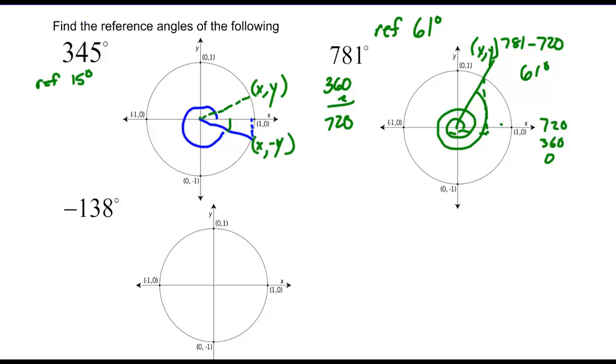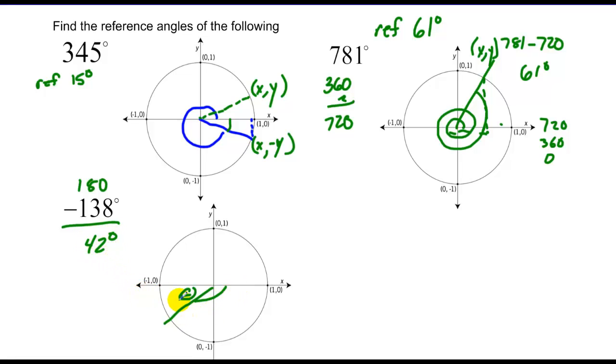So with negative 138, I'm rotating not quite halfway around a circle, but I'm rotating in that clockwise fashion, putting me somewhere here. My reference angle is this angle here, which means how far am I away from this x-axis, and I can take the difference and end up with 42 degrees.